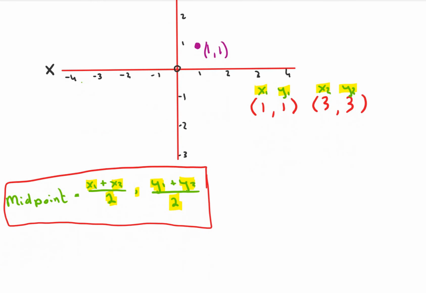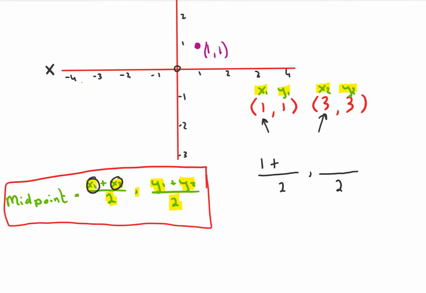And all I do now is take my formula and sub in the x numbers and the y numbers. So over here I see x1, so x1 is 1 plus x2, which is 3.